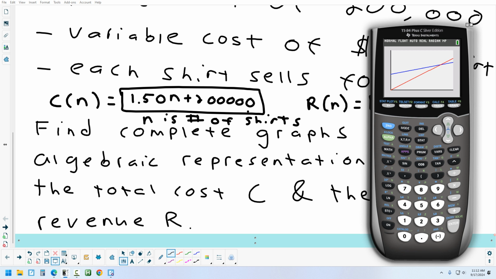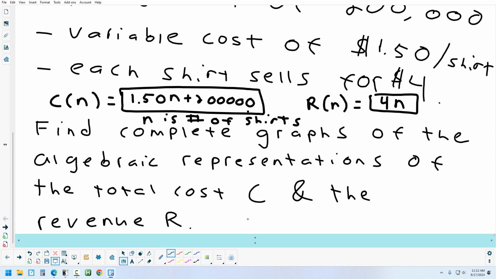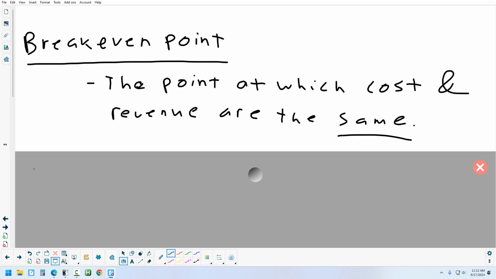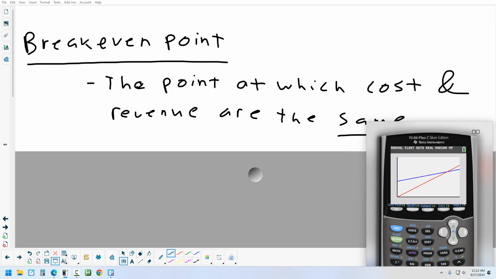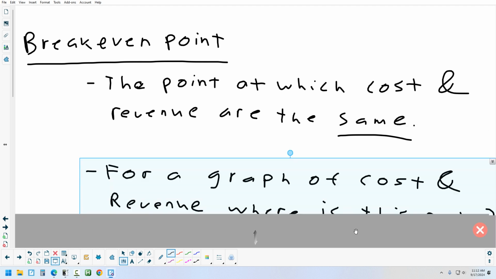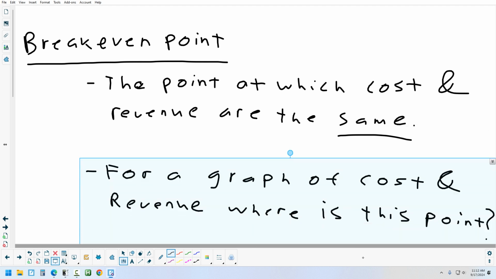If you look at the intersection point, that particular point has a name, and that's called the break-even point. The break-even point is when your cost graph and your revenue graph are equal. And when you're looking at a graph, that's the intersection point.